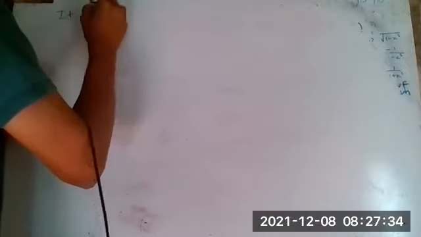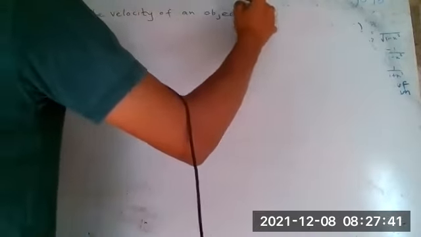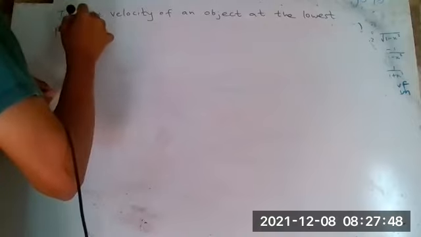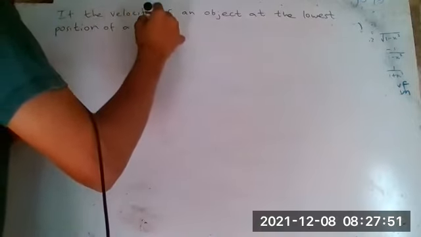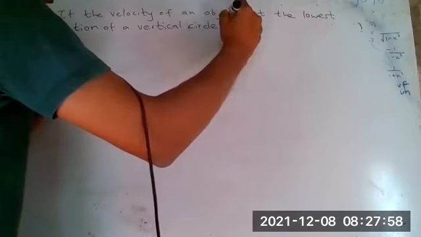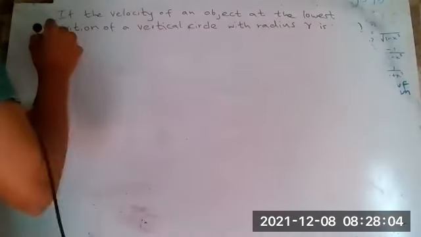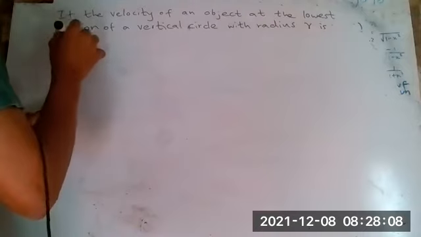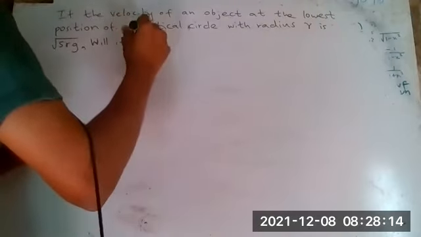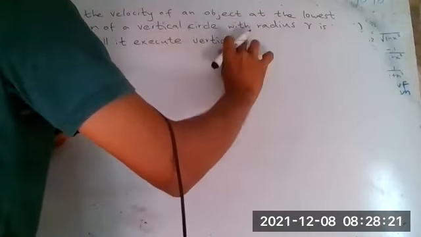If the velocity of an object at the lowest position of a vertical circle with radius r is root 5 rg, will it execute vertical circular motion?